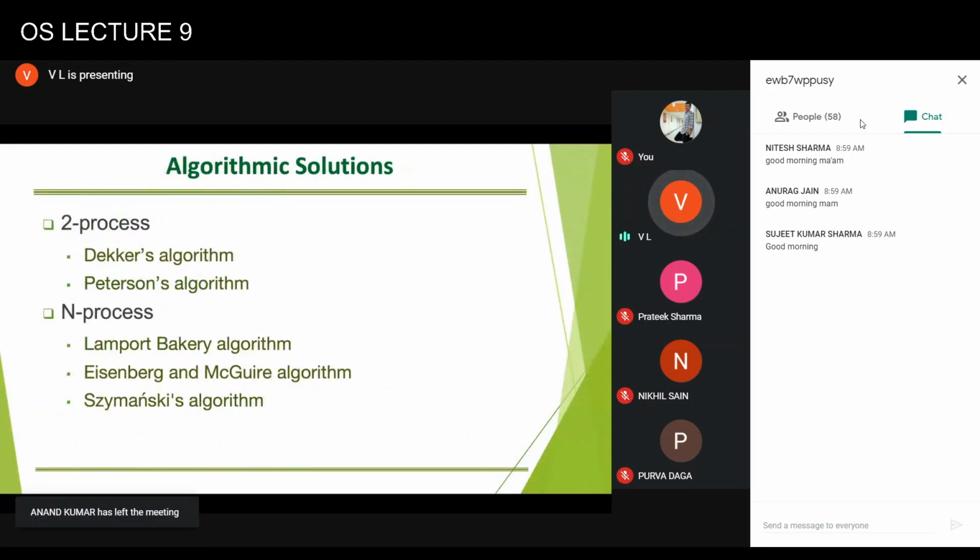So a solution could be an algorithmic solution. Algorithms have been proposed, and these algorithms will work correctly irrespective of context switch. Another solution is provided by hardware instructions, in which hardware provides support for atomic instructions. But they are tedious to use and require programmers to understand assembly language and how to incorporate assembly language code in their own high-level code.